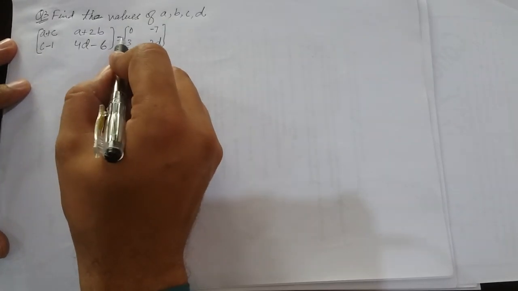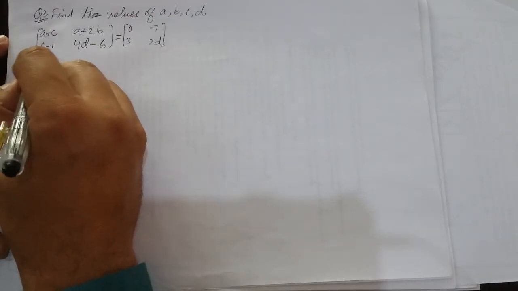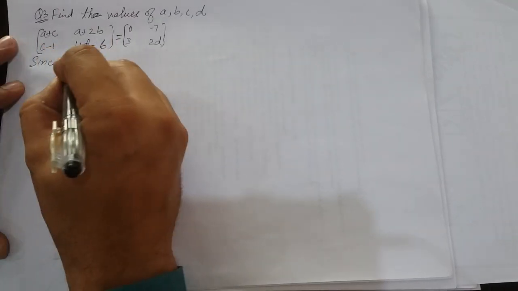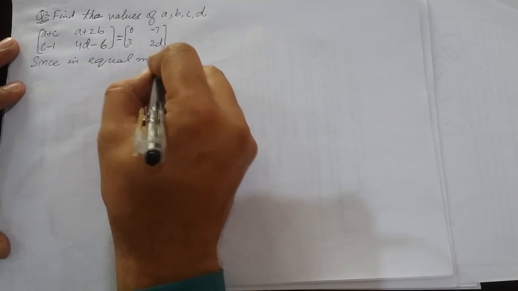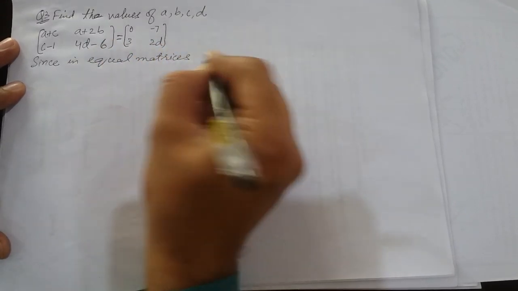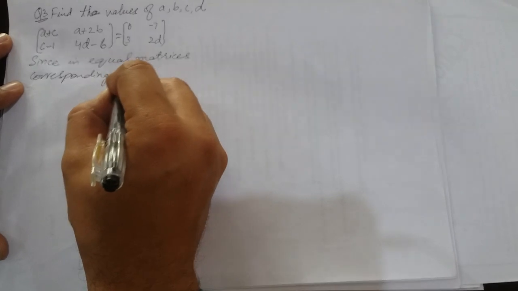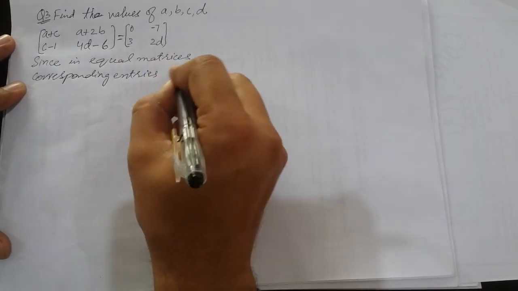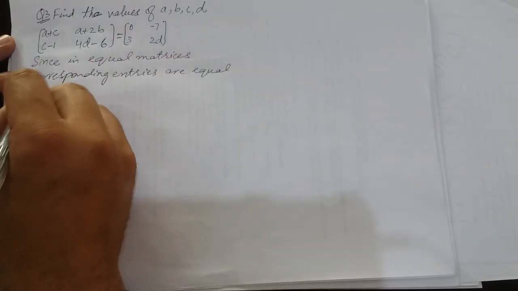We have to write corresponding entries equal to each other because there is an equality sign between these two matrices. So we will mention over here, since in equal matrices corresponding entries are equal, what can I write?